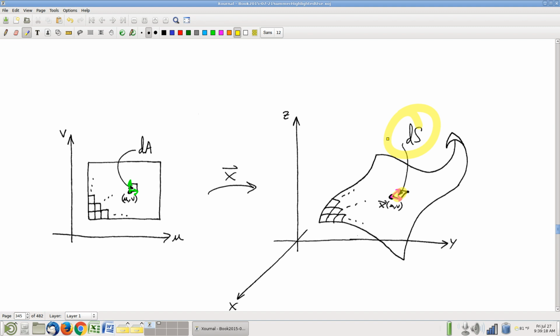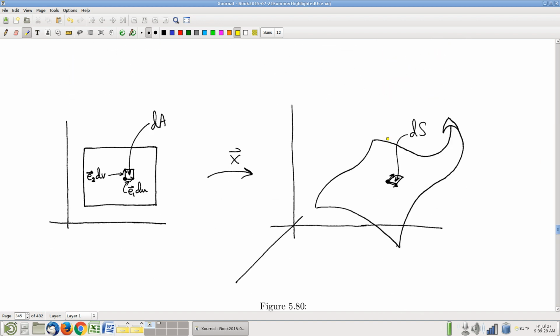Okay. All right, well, so we've been here before. We know how to turn input vectors into output vectors. The derivative transformation does that for us. We applied that with change of variables. We applied it with scalar line integrals. Same idea. And here's what it looks like. These two input vectors, that one there is in the E1 direction. It has length du because this rectangle has width du.